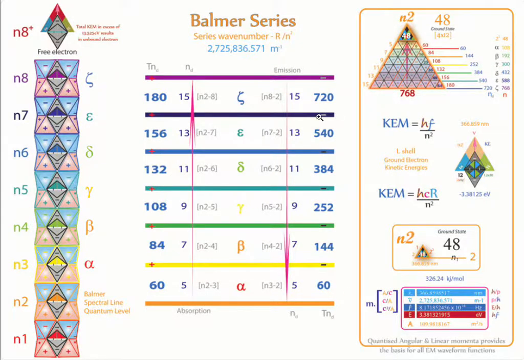This is again repeated for Balmer series transitions, where instead of dropping down to energy level N1, we only transition to energy level N2. So this of course affects the linear momenta, the number of quanta that need to be released or added to effect the transition, and of course that affects their wavelength and wave number.